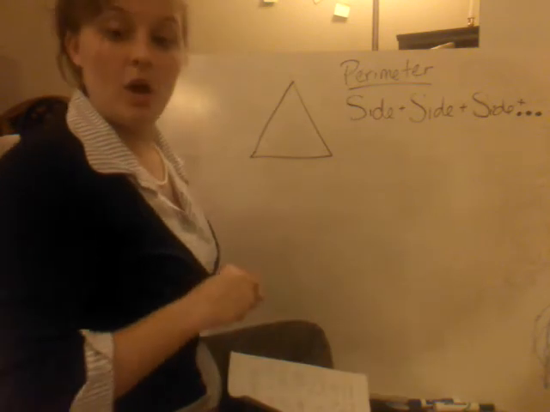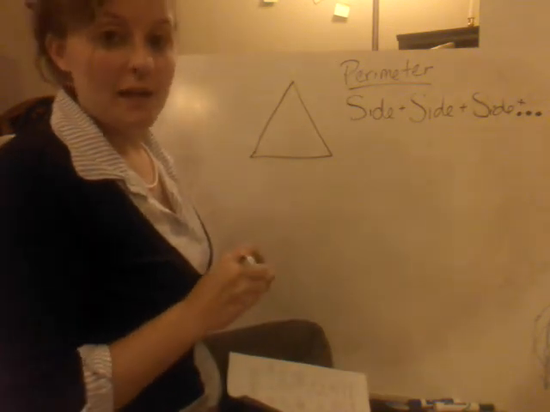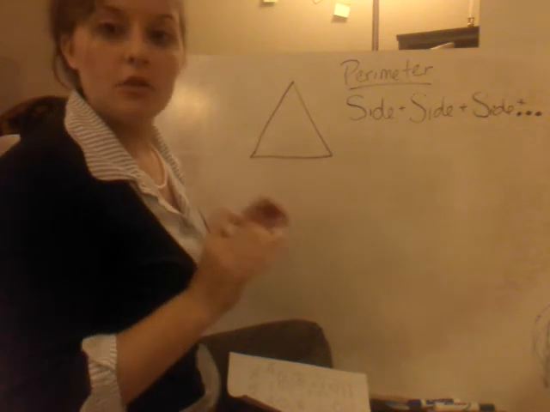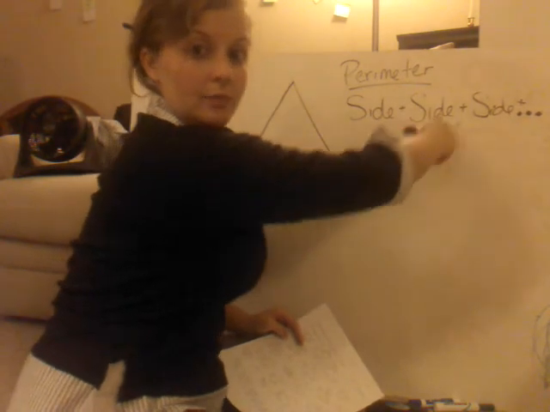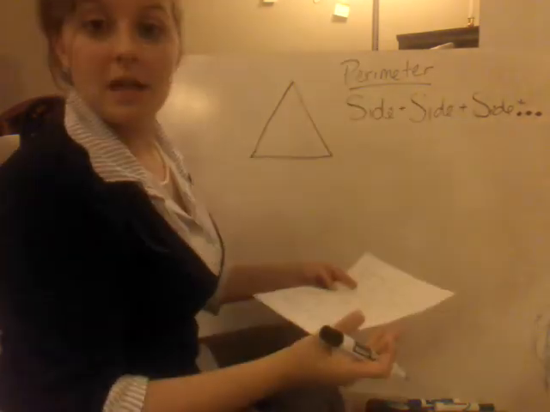Alright, the perimeter is all about adding up all of the sides. It has nothing to do with anything else, just the sides. So perimeter is side plus however many sides that your shape has.